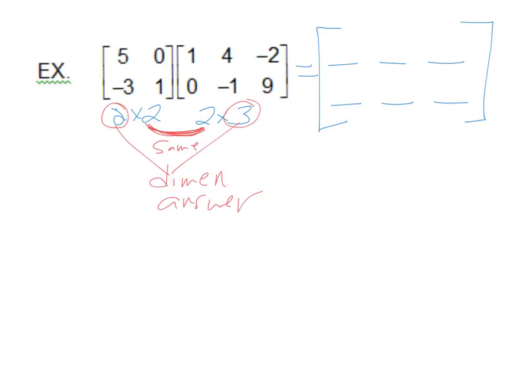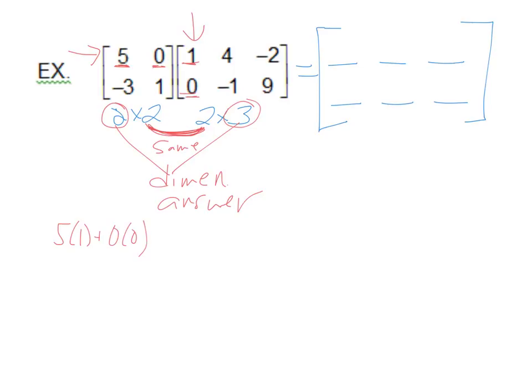So what we do first is we start on the first row and we multiply it by the first column. It's always rows times columns. And I keep moving my numbers. I multiply 5 times 1 plus 0 times 0.